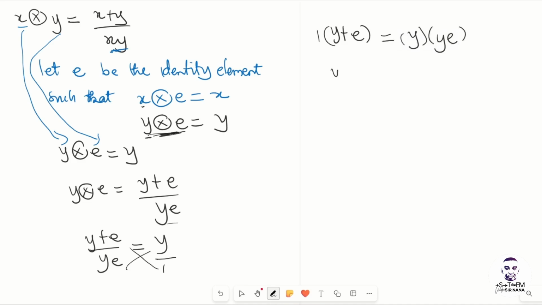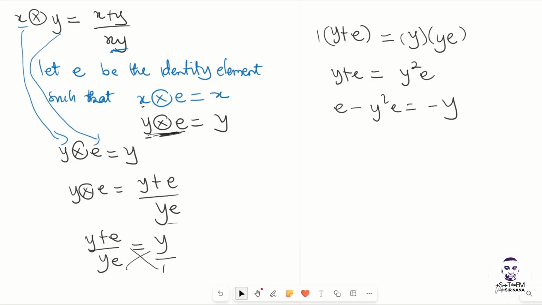So we have y plus E equals y squared E, since y multiplied by y gives us y squared. So group like terms, we'll send all the E to one side. So we have E, when we move this here, becomes minus y squared E is equal to, this becomes negative y. So we can factorize our E out.